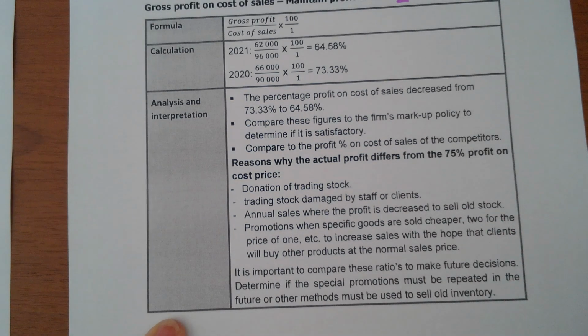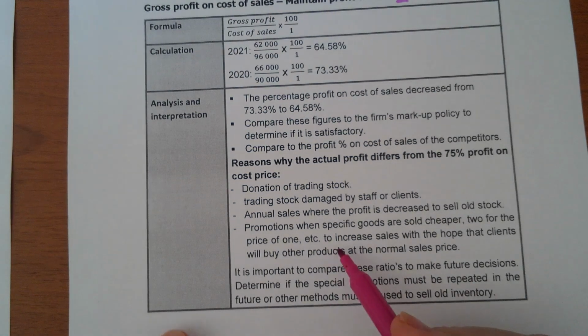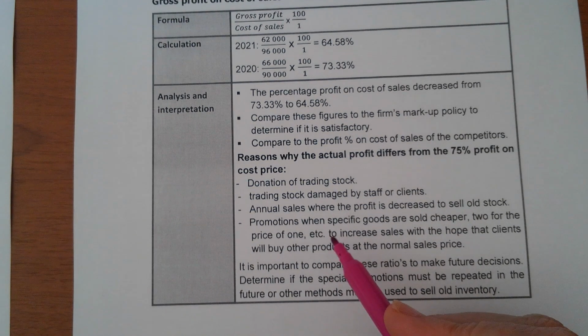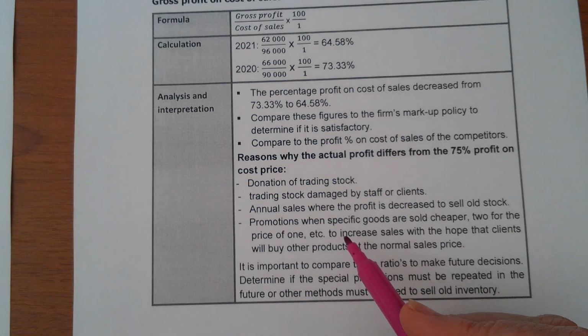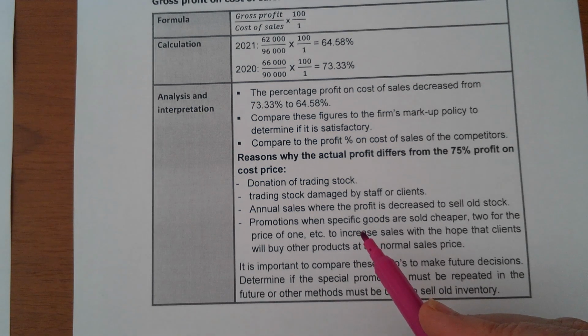We can have special promotions, for instance, 2 for the price of 1, with the hope that we can increase the sales of these products, but because the people are in the business, they will also buy other products at the normal price. It could also be that we have an annual sale just to get rid of all the old stock so that we don't have to carry it into the next financial year.